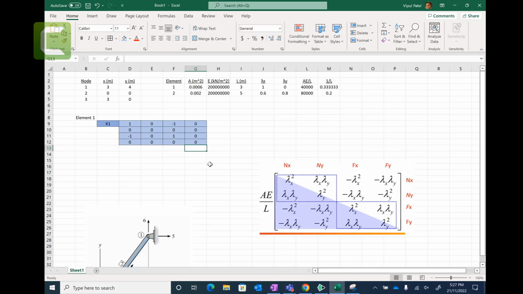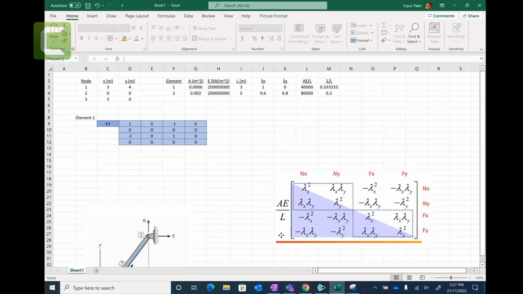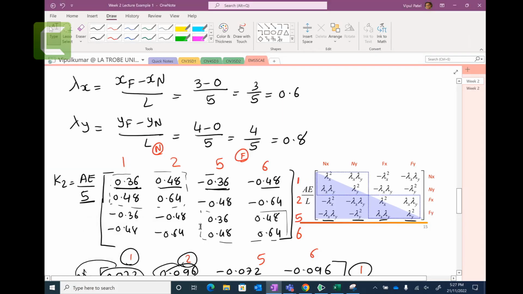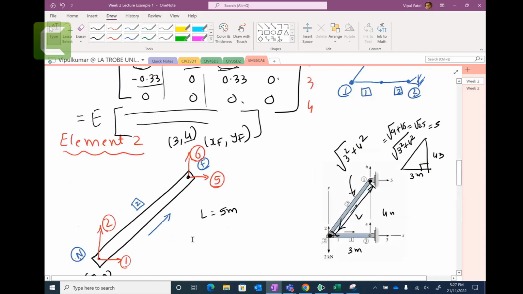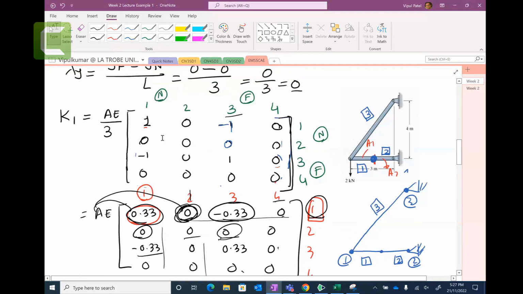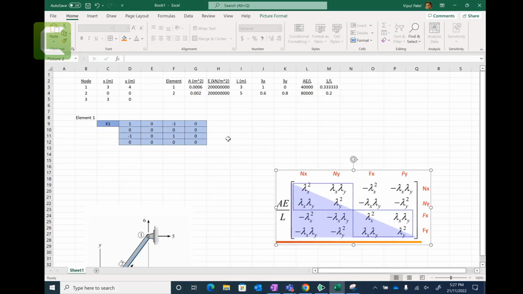OK, checking is done. All very good. Now if you want to check with your answers, you can do the check: 1, minus 1, 0, 0, 0, 0, minus 1, 0, 1, 0, 0, 0, 0, 0, 0. That's perfect.